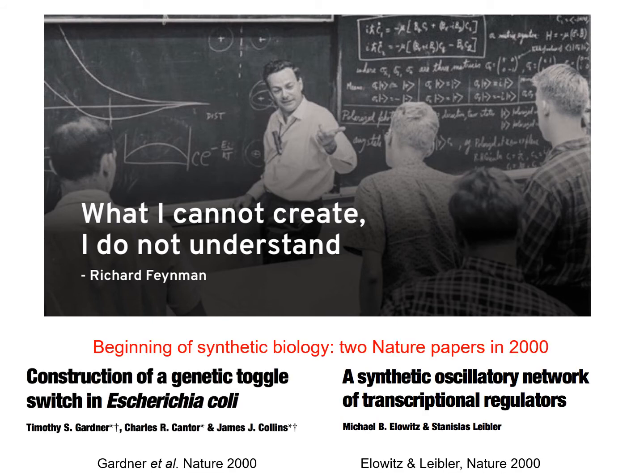Now, synthetic biology, as we know today, there are two landmark papers that appeared in the journal Nature in 2000, which actually spearheaded much of the developments that we hear about today. In these two papers, the authors actually constructed biological circuits of a specific topology, which we'll go into details of later in the webinar. And then they were able to predict how these systems would behave.